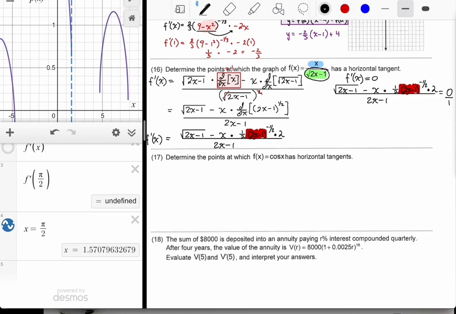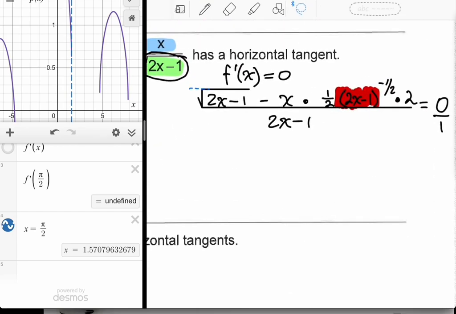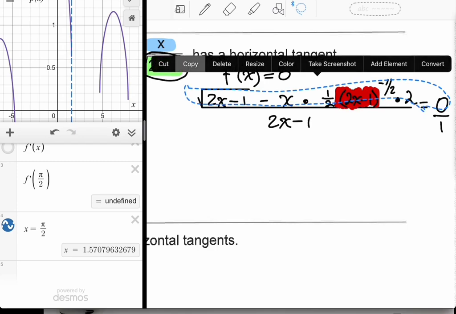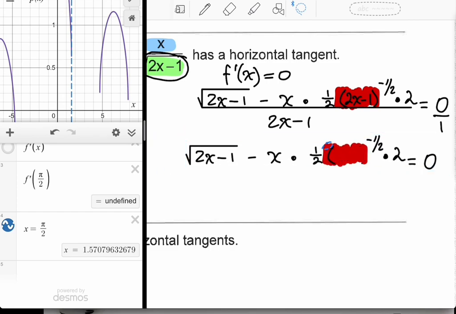When you cross multiply, the denominator at least goes away, which is wonderful. All right, so the denominator is now irrelevant. I'm going to get rid of this red here because it's a little distracting now. So this is the equation I have to solve now.